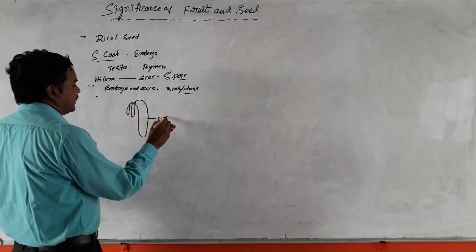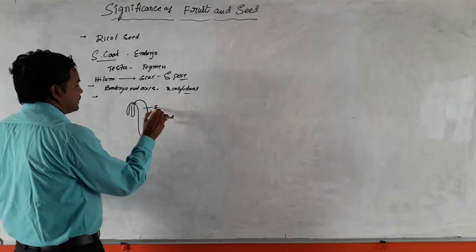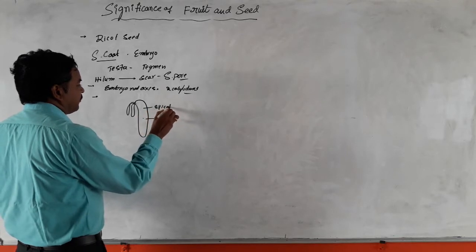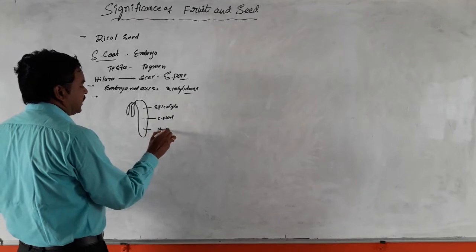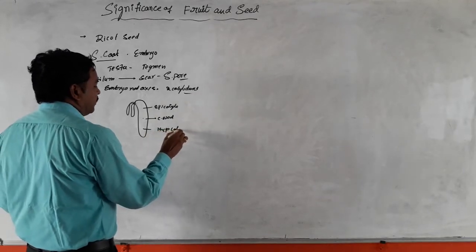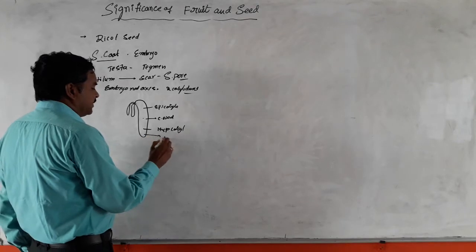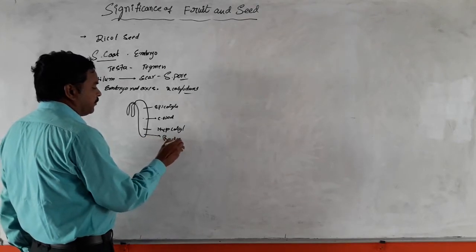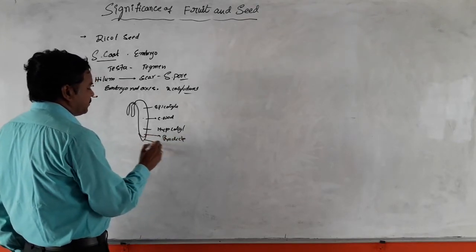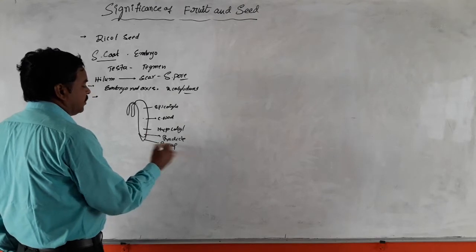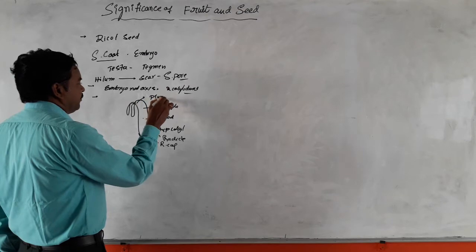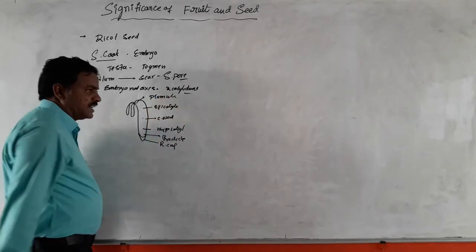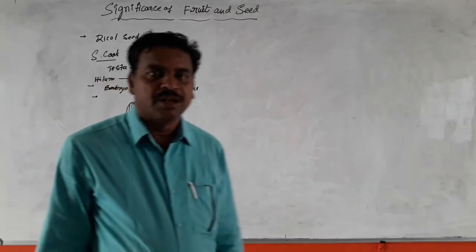This is the cotyledonary node, this is the epicotyl, and this is the hypocotyl. The hypocotyl terminates into the radicle and is also protected by the root cap. Similarly, the epicotyl terminates into the plumule, and this is considered as the primary stem.